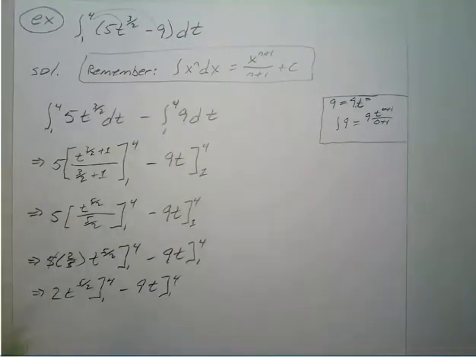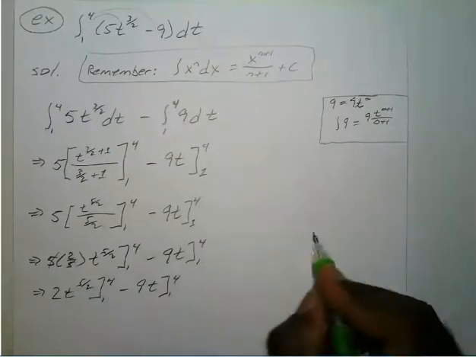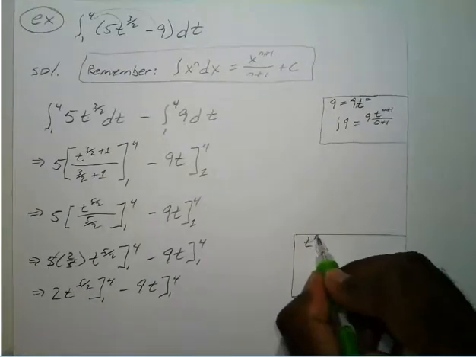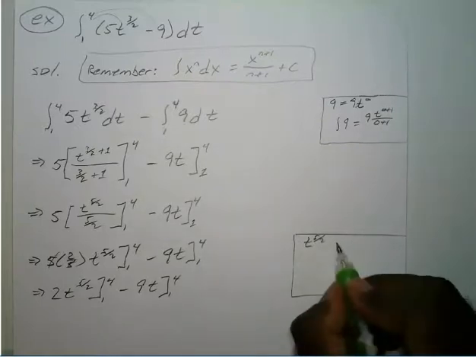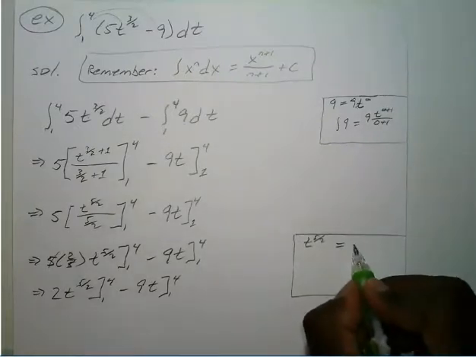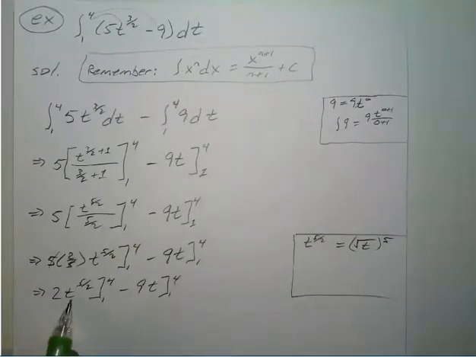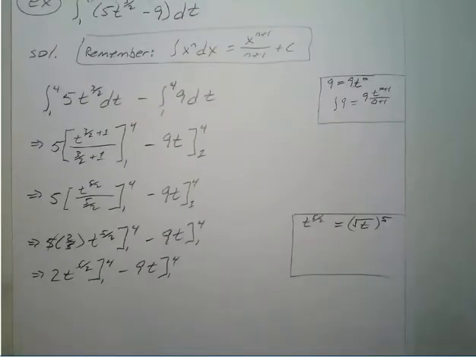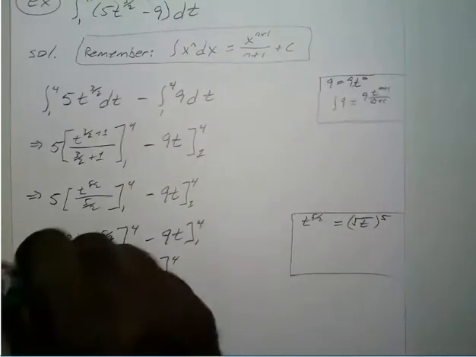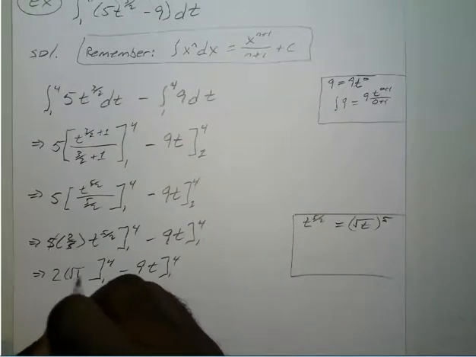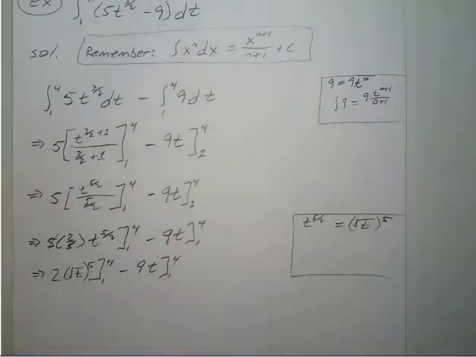So just kind of simplify that. All right. So I'm just going to go ahead and rewrite t to the 5/2 power as the square root of t to the 5th power. So you can rewrite that just to make it a little easier to work with.